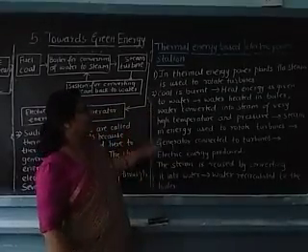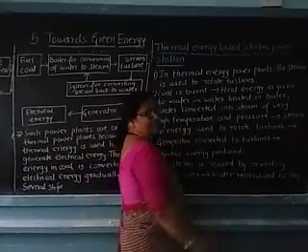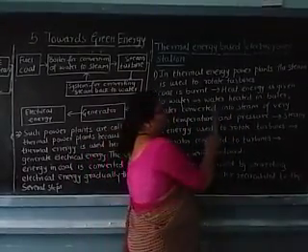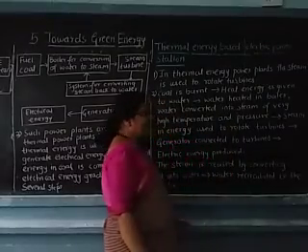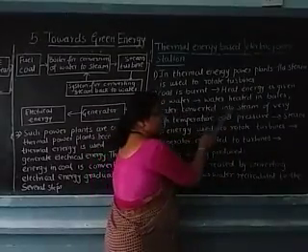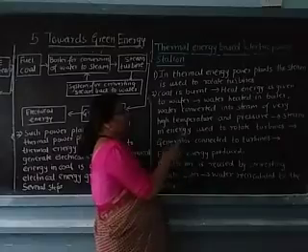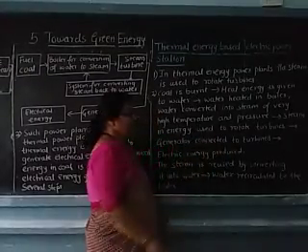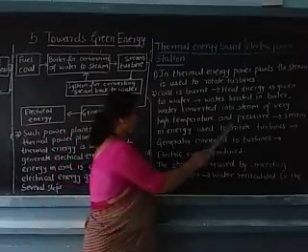Once again I will tell you, the coal is burnt here, heat energy is given to the water. Due to that, the water is heated in the boiler, and the water gets converted into steam with a very high temperature and pressure. This steam is allowed to rotate the turbines.